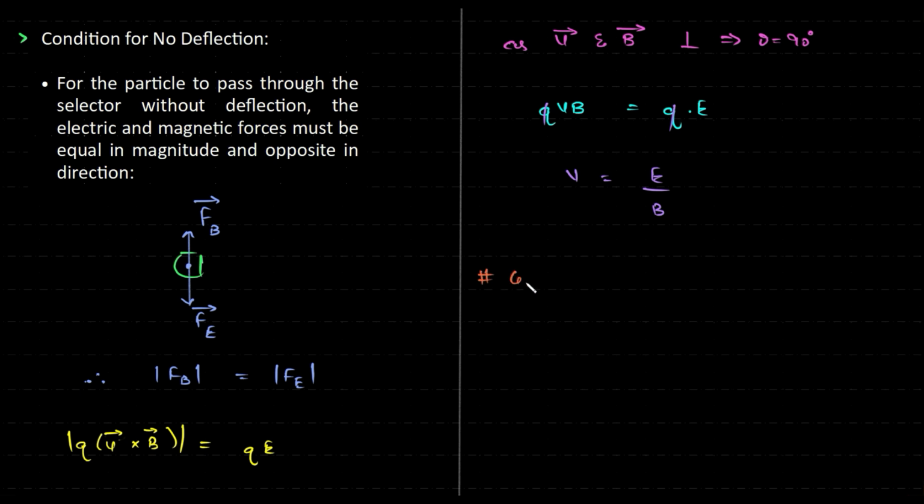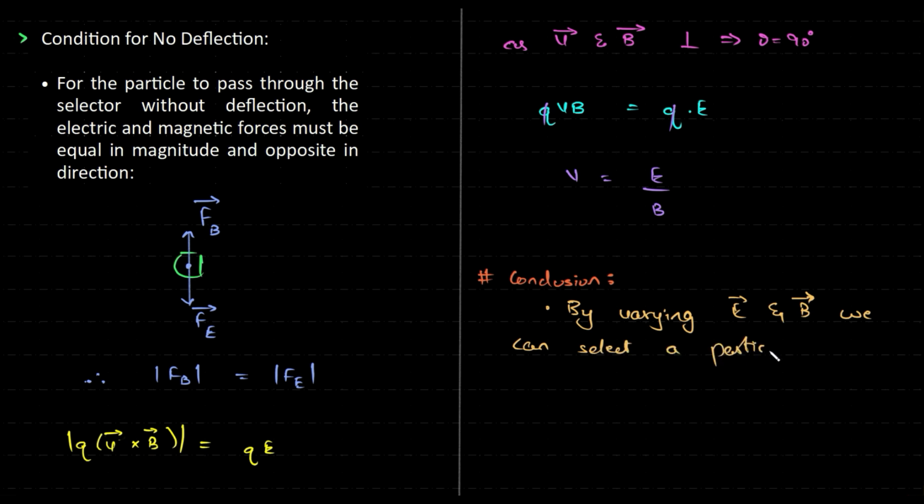So conclusion. Of course, every formula, every derivation, we need to conclude. By varying E and B, so basically varying the potential and varying the magnetic strength, we can select a particle with a particular velocity.